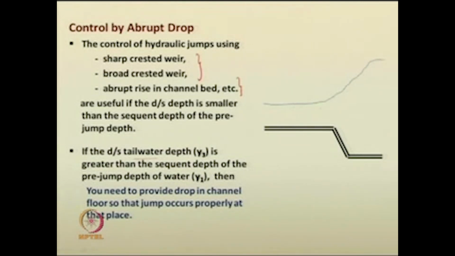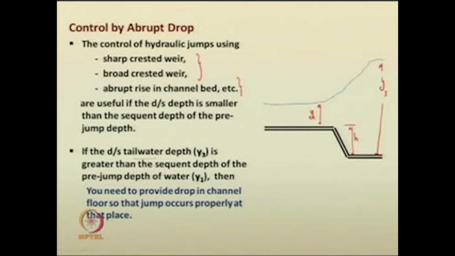So, you have the pre-jump depth as y1 here. Now, this depth is y3, okay, and the bed drop is h.